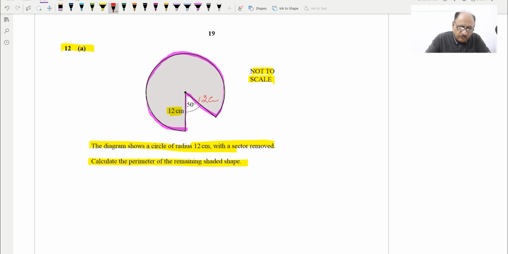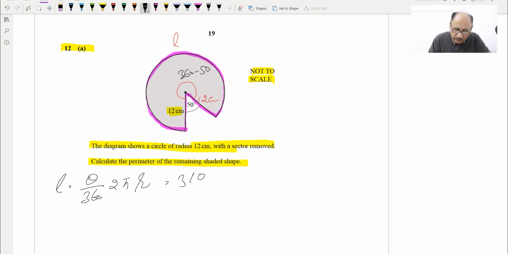So what we will do, we will take the angle of the sector and apply the length formula for the sector. So the length formula is theta over 360 into 2 pi r, and theta is 360 minus 50, which is 310, over 360 into 2 pi, and r is 12.